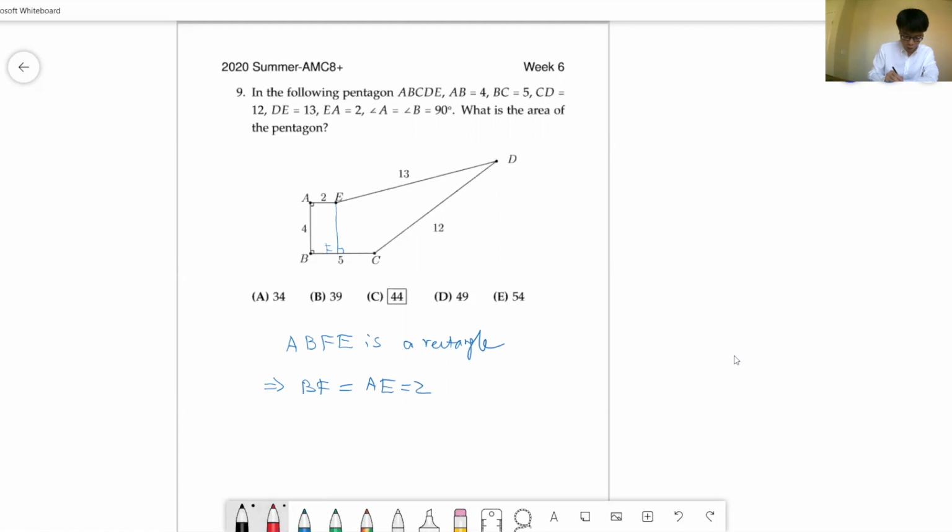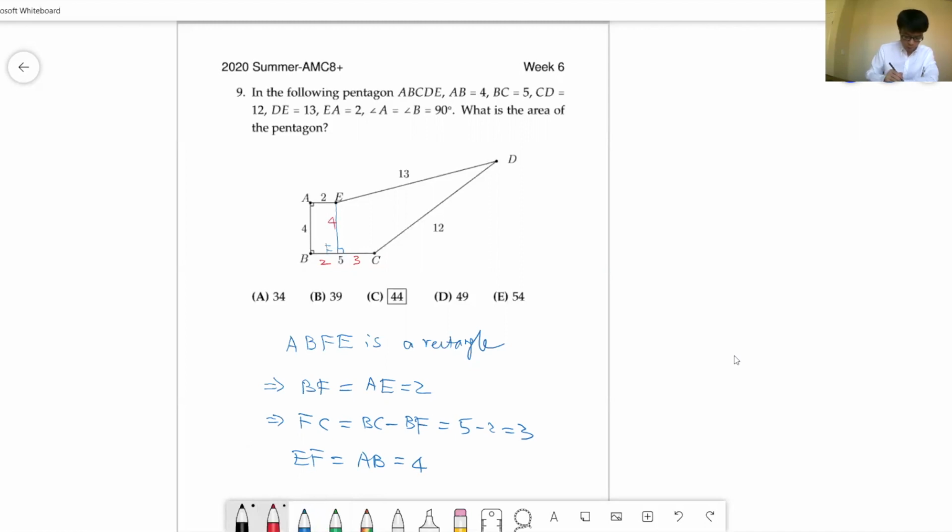And we know BC equals 5, so we get FC equals BC minus BF, which is 5 minus 2, which is 3. So this FC is 3. And also we have EF equals AB, which is 4.